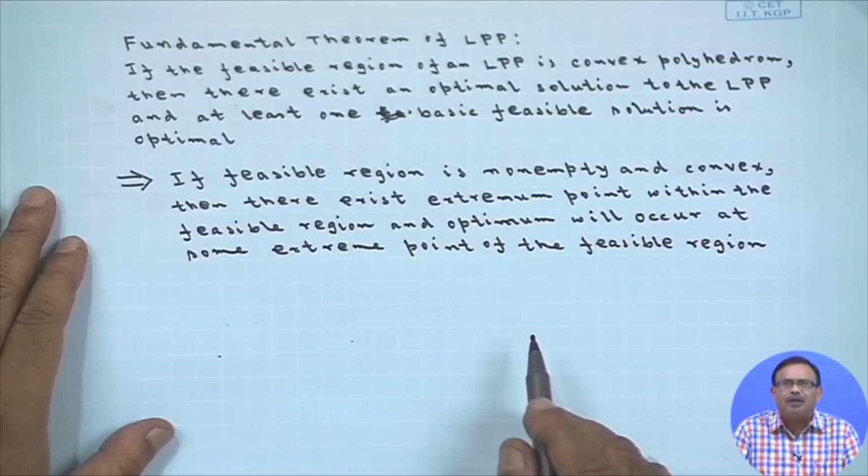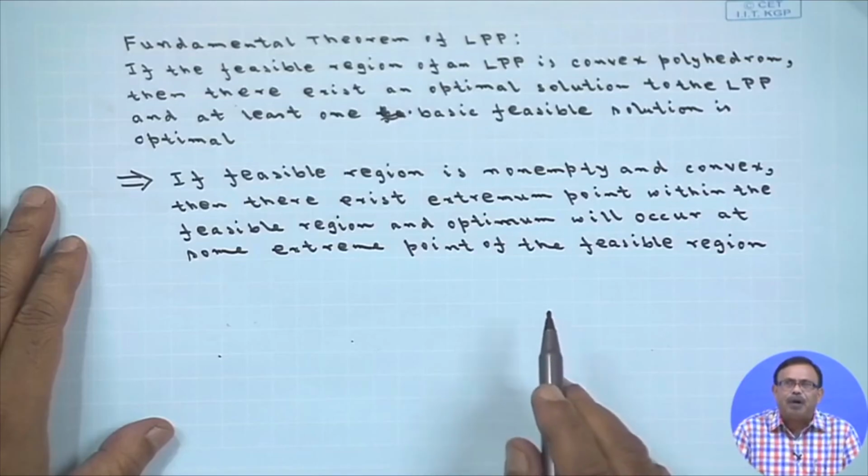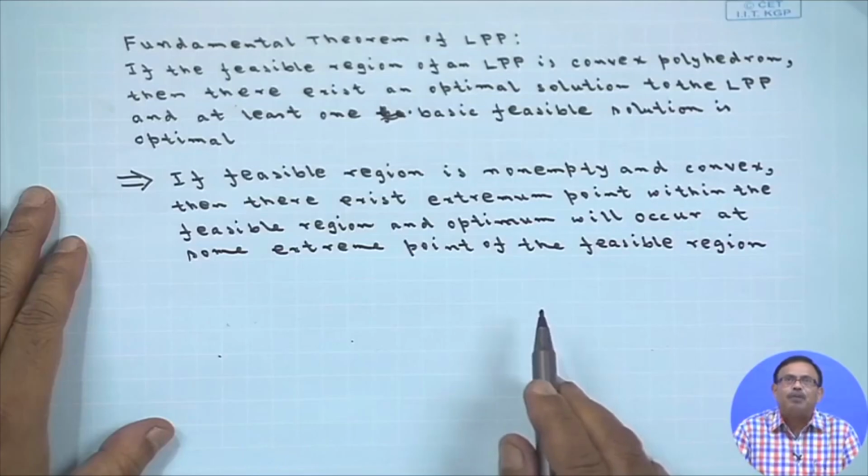Already we have defined the feasible region and the extreme point. So, now what we are saying is that if the feasible region is non-empty and convex, then one of the extreme points will give you the optimum value.